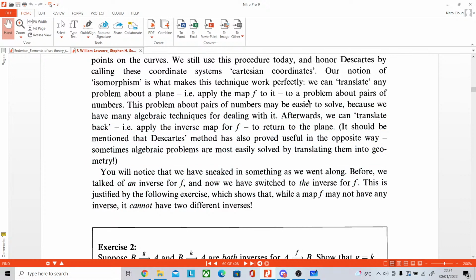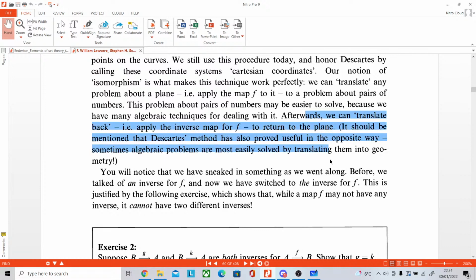So this is what we mean by connecting two different disciplines of math together. We're connecting geometry and arithmetic. We can translate a problem from geometry into a problem in arithmetic and vice versa, because we have the isomorphism, right?